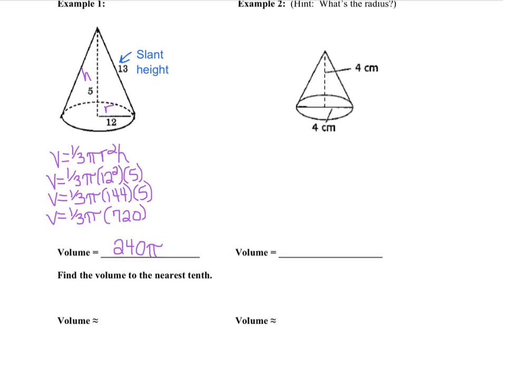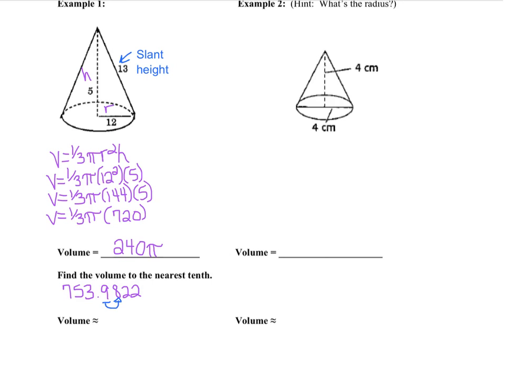Now this would be my answer if I asked you to leave it in terms of pi. If I asked you to find the volume to the nearest tenth, you multiply 240 by pi, and you get 753.9822. We want to round to the tenth. Our tenth is right here, and notice the next digit is an 8.